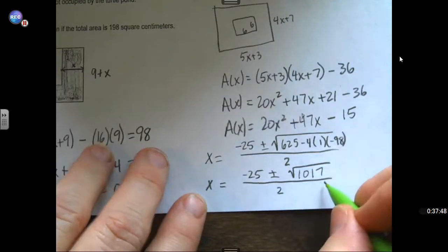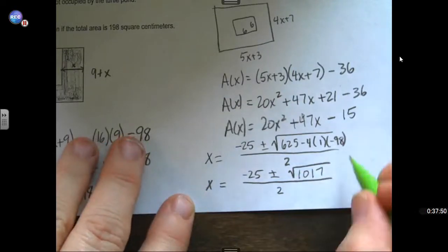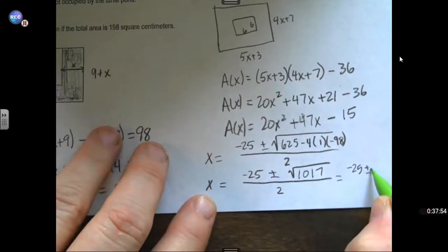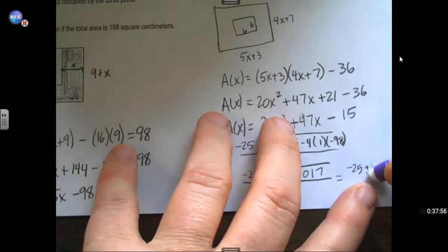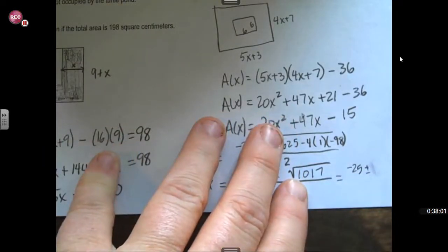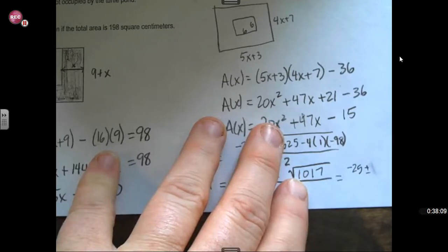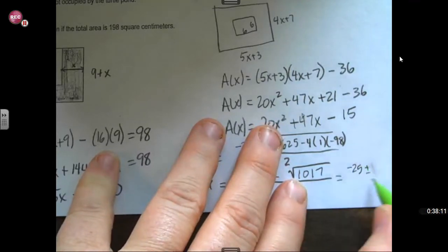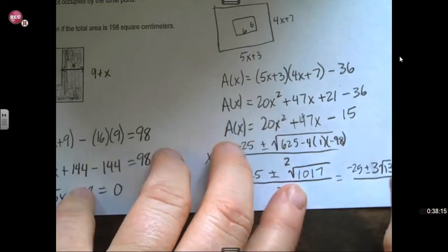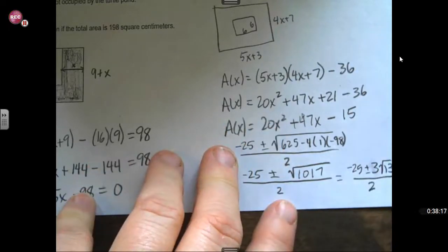Believe it or not, that simplifies to negative 25 plus or minus 3 times the square root of 13, all over 2.